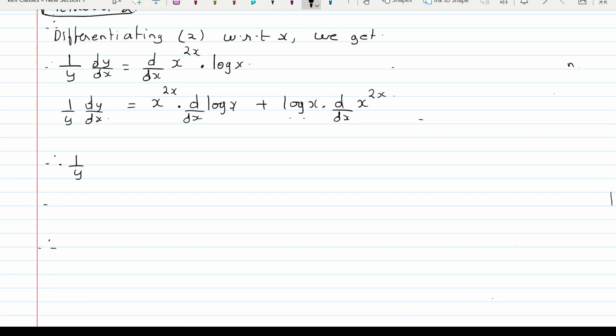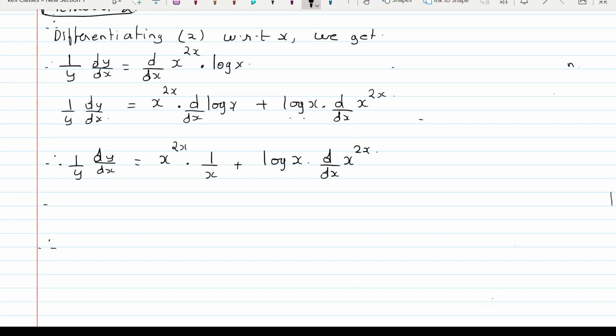Therefore 1 upon y dy by dx is equal to x raised to 2x into 1 by x plus log x into d by dx of x raised to 2x.